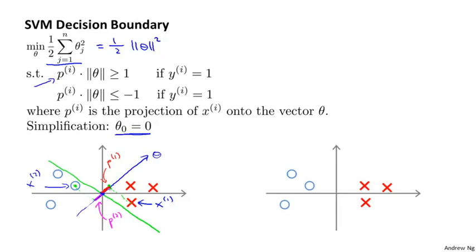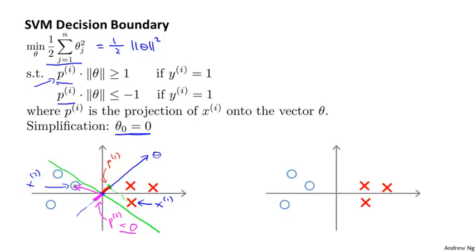And so this little projection line segment is going to be pretty small. P2 will actually be a negative number, right? Because this vector has greater than 90-degree angle with my parameter vector theta, it's going to be less than 0. And so what we're finding is that these terms pi are going to be pretty small numbers.